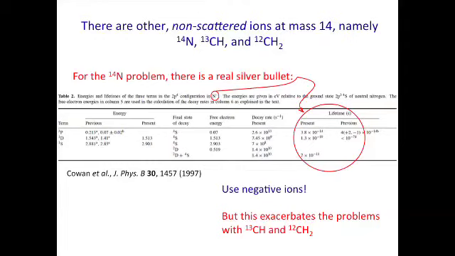Then it was recognized that N-, the negative nitrogen ion, is unstable to say the least. As you can see, its lifetime, that's the E-folding time, is like 10 to the minus 14, 10 to the minus 11 seconds.